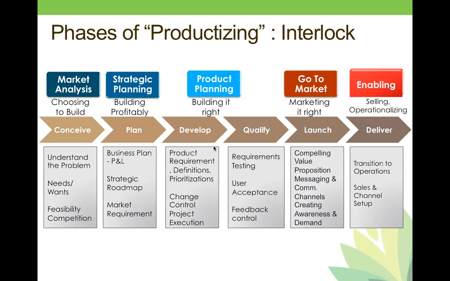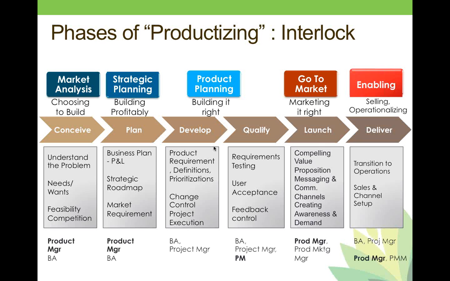And there's obviously a bunch of things that happen at every step. I'm not going to belabor that or go into more details here, but we can certainly take some questions at the end. What's interesting about this productizing process is that while each one of you might not become a product manager in title, we do expect our engineering leaders to understand the interlock, understand how you work with other cross-functional teams, how you work with product managers, business analysts, project managers, engineering managers, and so on and so forth, right?